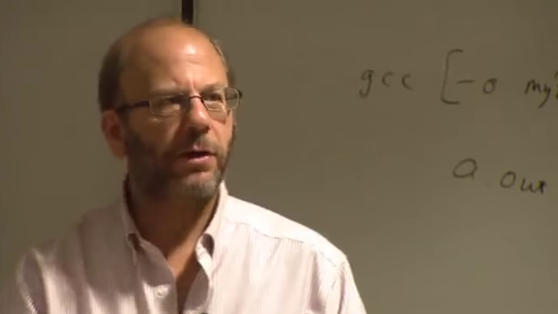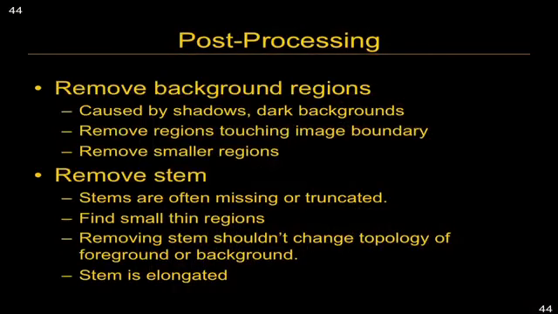For example, sometimes when somebody takes a picture of a leaf on a piece of paper, the picture is larger than the paper, and so some of the edge of the image is very dark. And because leaves are very dark, if there's a part of the background that's very dark, that gets grouped in with the leaf. And so we can just remove this using some simple heuristics.